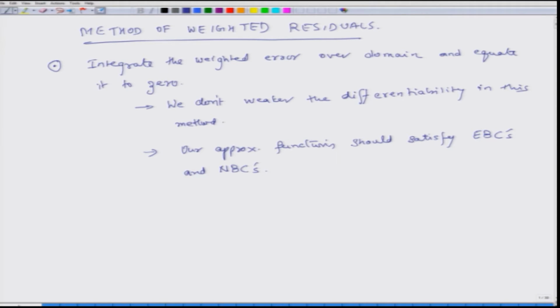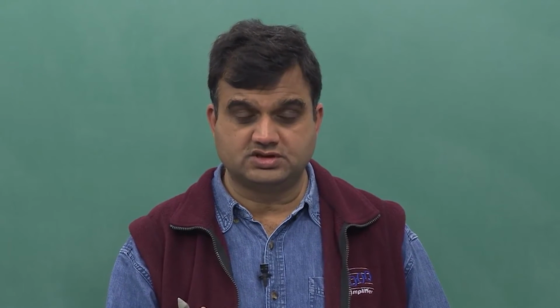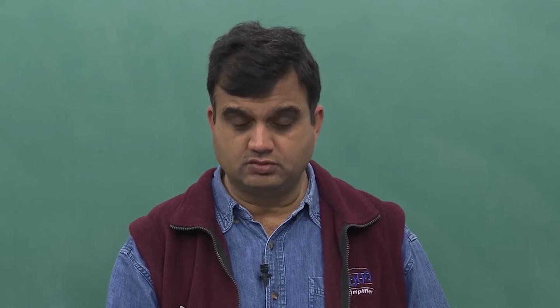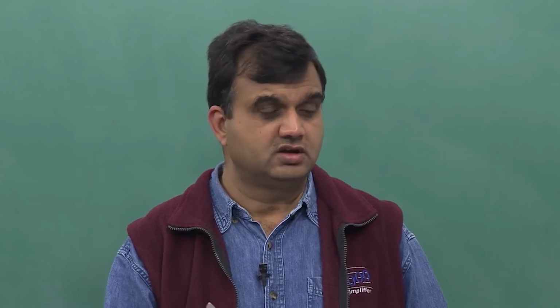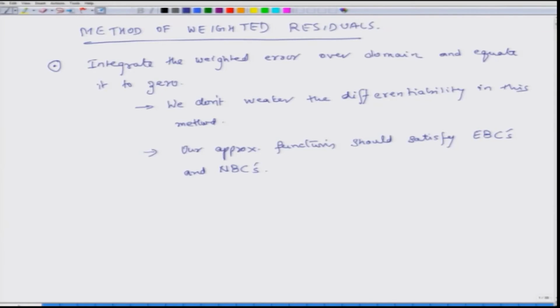Here that is not the case. So, what this means is that if we want to use the weighted residual approach, we have stricter rules in terms of what kind of functions we should be picking. In Rayleigh-Ritz approach, the choice was pretty flexible. So, this is a very important condition.